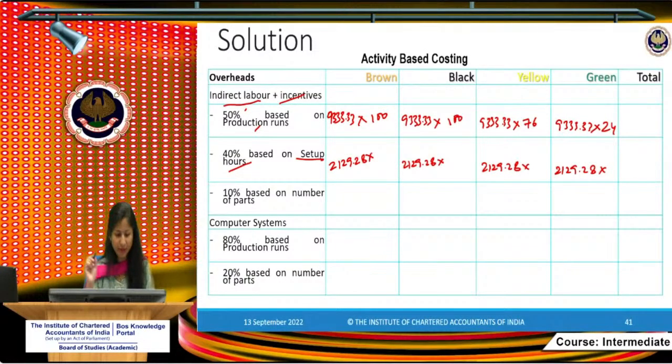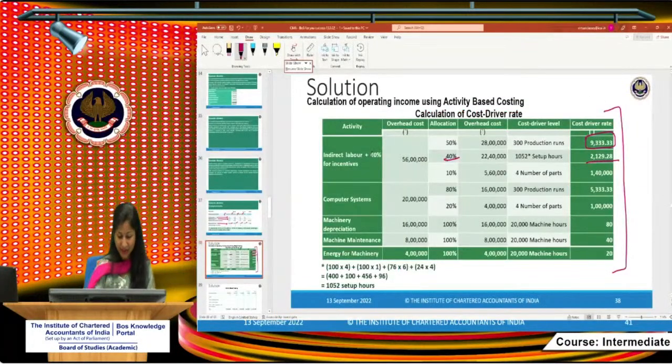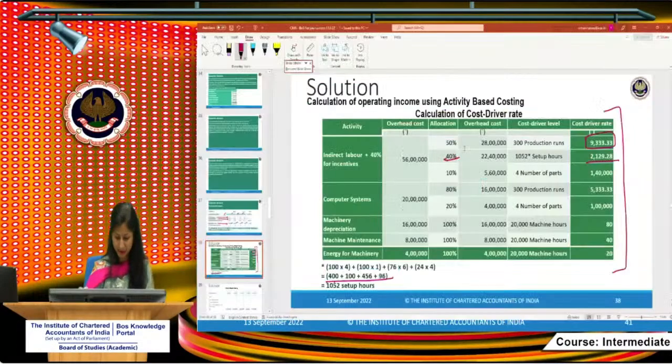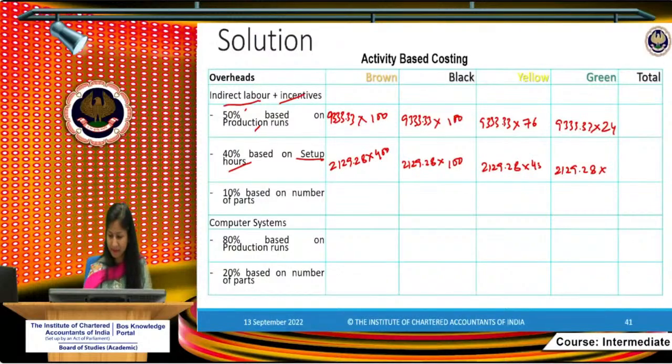You need to multiply it by the setup hours. How many were the setup hours? We calculated this here: 400, 100, 456, and then 96. You need to multiply these figures.